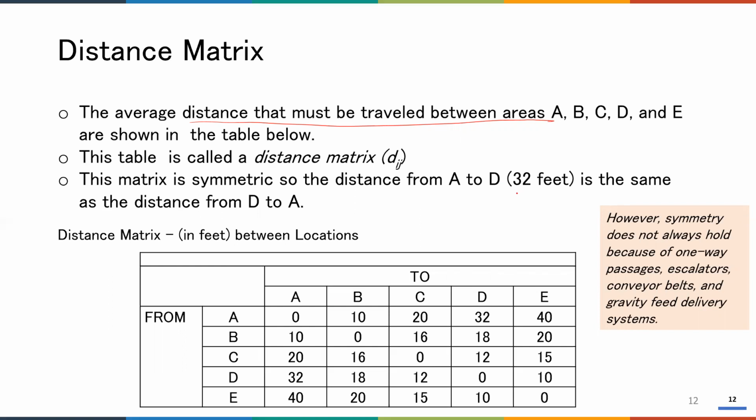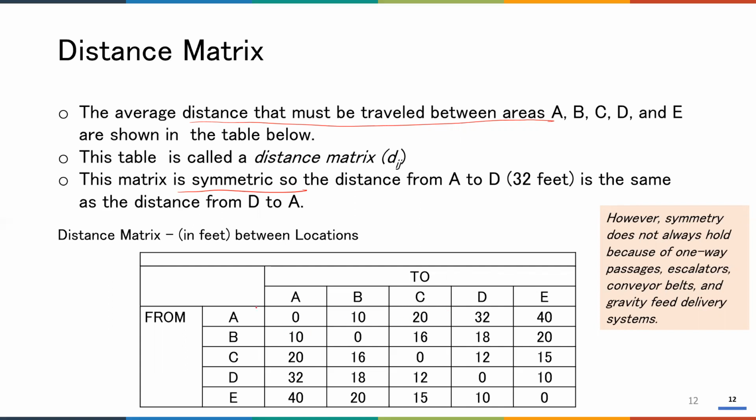For example, when we use a conveyor from A to B, while there is no conveyor from B to A, then maybe it's going to be asymmetric. But commonly, the matrix is symmetric.